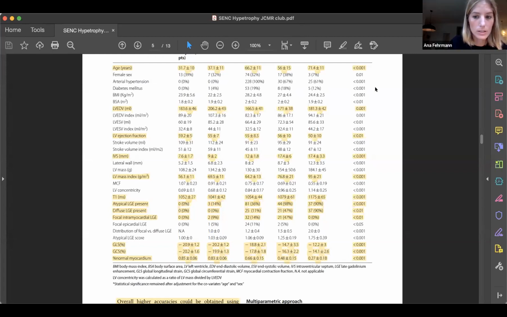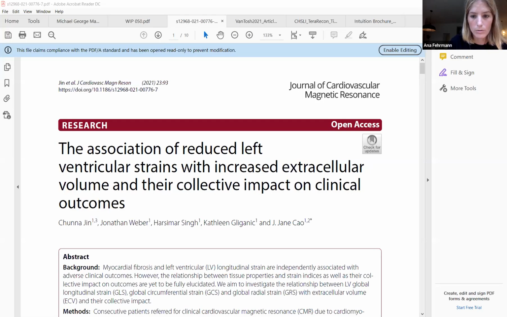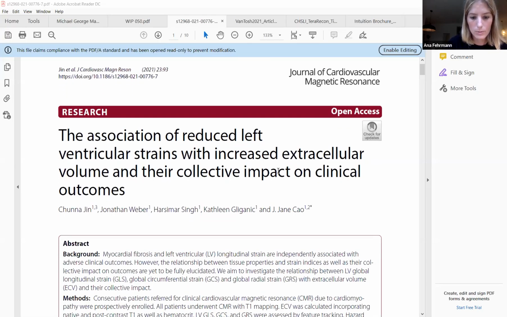The paper is titled The Association of Reduced Left Ventricular Strains with Increased Extracellular Volume and the Collective Impact on Clinical Outcomes. I think it's now Jane Cow. If you would please share your screen.